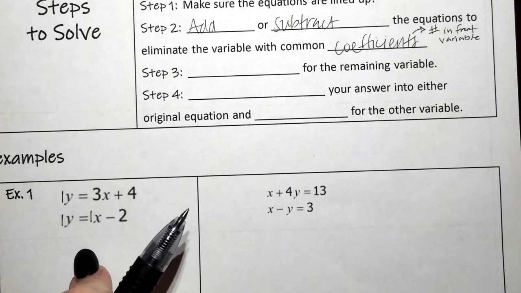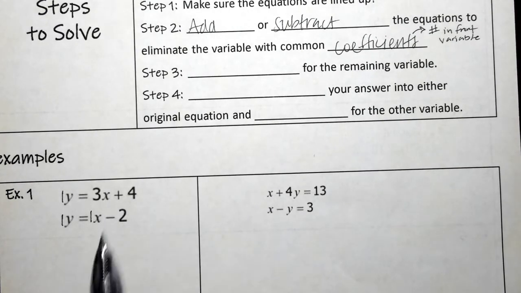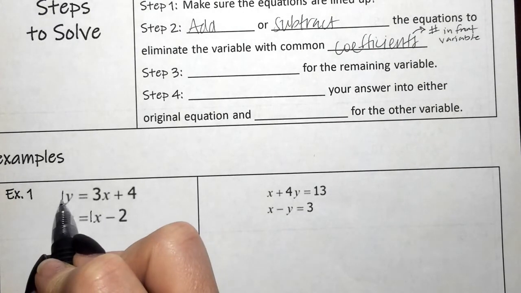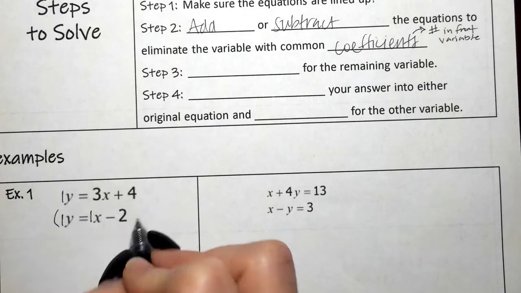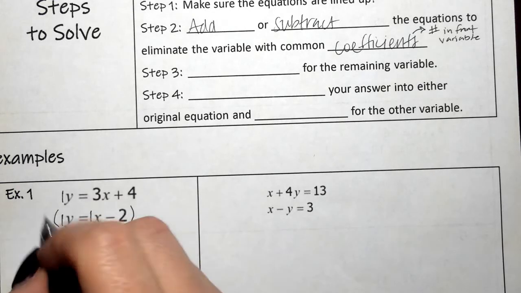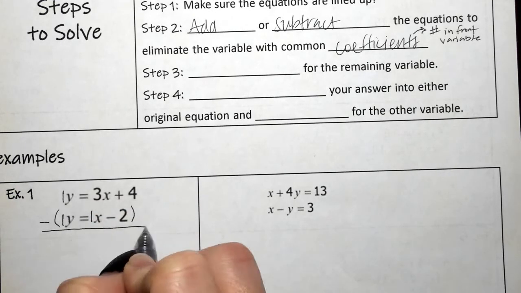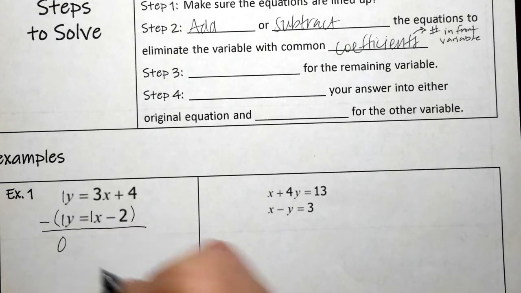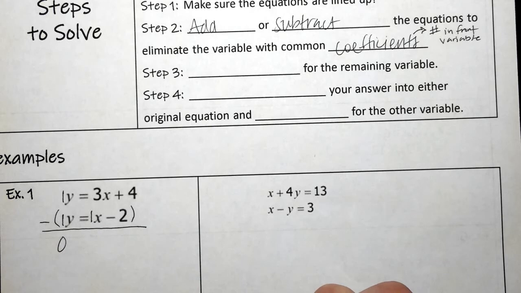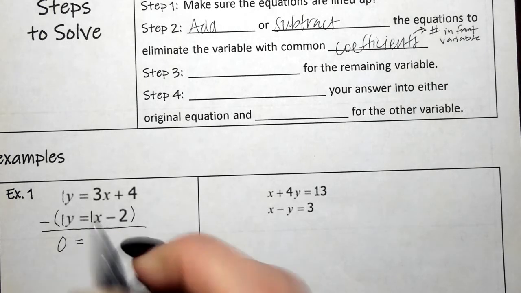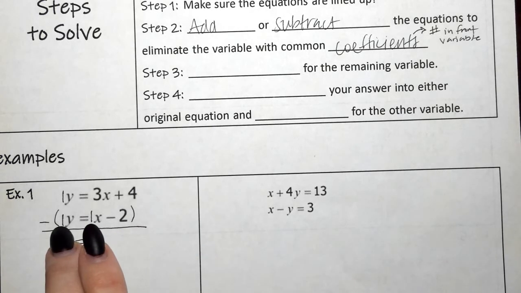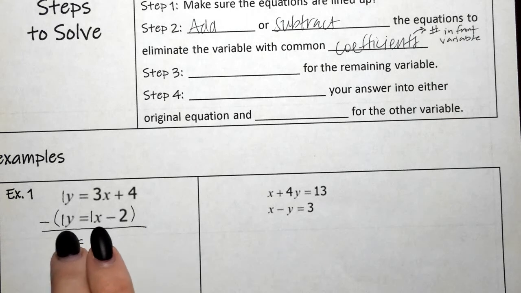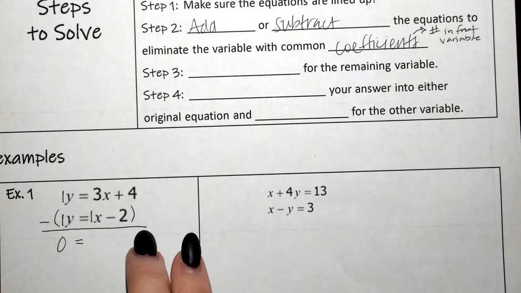So what I'm going to do is I've got a positive 1 on top, so I need to make this a negative 1 so that when I say 1y minus 1y, I've got 0 y's left here. Okay? I can't just make that one negative though. Whatever I do to this side, remember I've got to do to everything else.